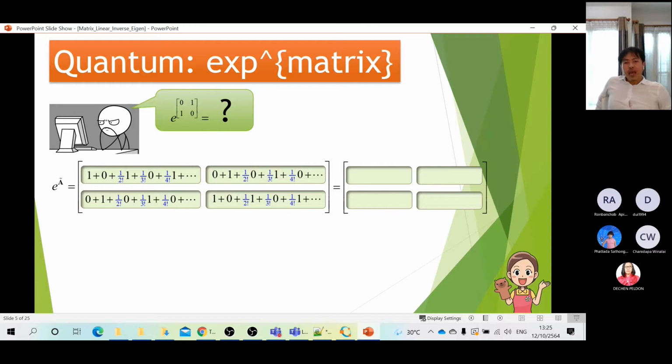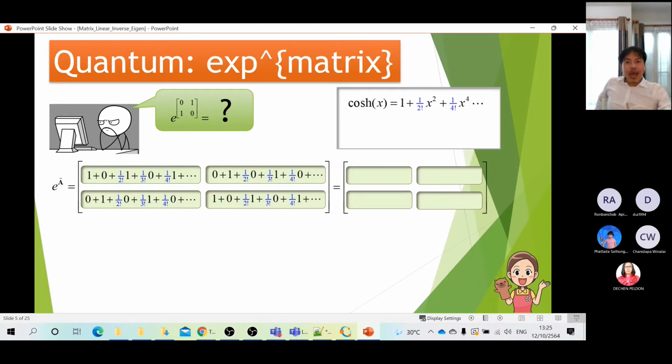I can go back to the beginning of this course and look at the list of Taylor expansion functions. And here's what I found on the internet. If we have this hyperbolic cosine function, we have that expansion. Now that's very similar to what we have in the upper left corner.